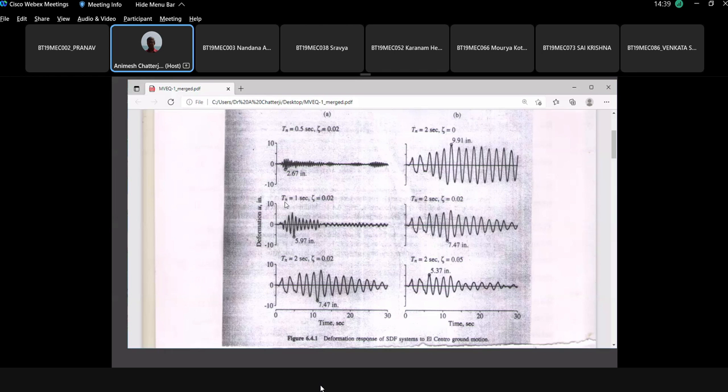But okay, the simulation has been done by varying two parameters. One is the natural time period, which we have varied, and we have also varied damping, and we got different graphs, as the graphs are before your eyes. Any conclusion, any comment?